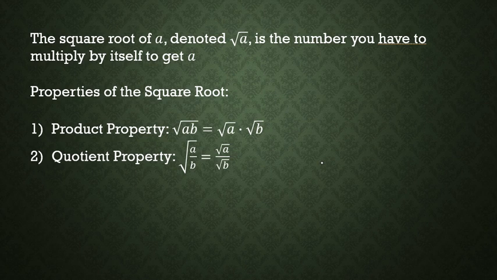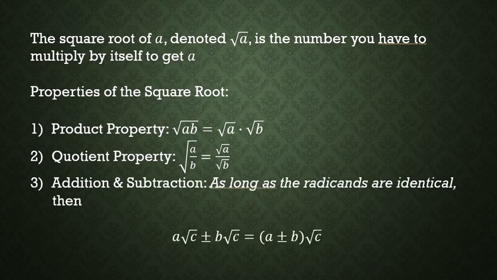And then lastly, adding and/or subtracting. You have to be very careful when you are adding or subtracting things that contain square roots. You can only do it as long as the radicands in everything that you're adding or subtracting are identical.